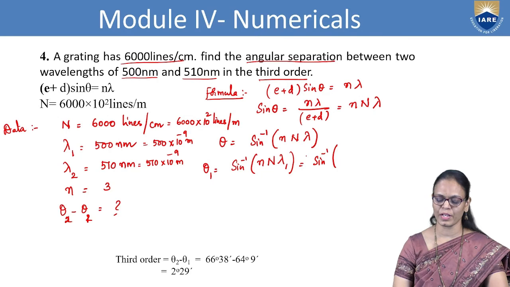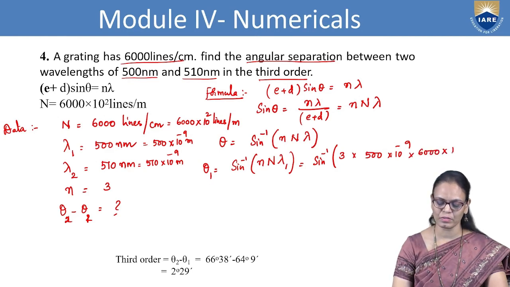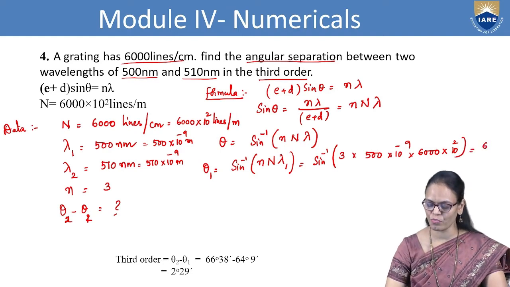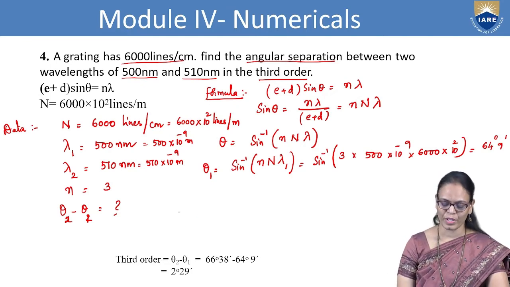So let us substitute here. Sine inverse, small n is third order, so 3 into 500 into 10 power minus 9 into 6,000 into 10 power 2. So this is equal to 64 degree 9 minutes. You can use your calculator directly to find the value. Then what is theta 2?